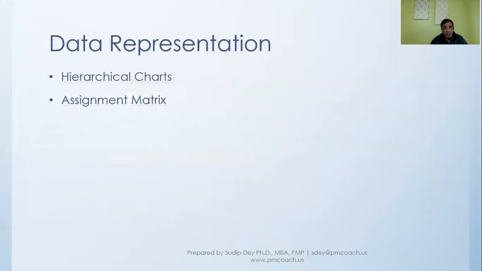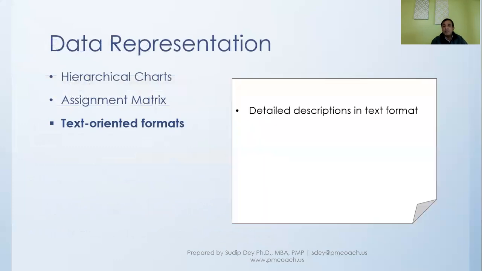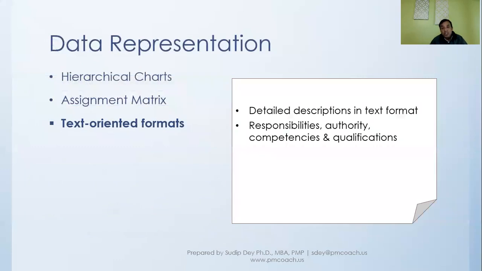Supplementing this hierarchical chart and assignment matrix, there is another format, which is the text-oriented format. Text-oriented formats are really where you put things in descriptive form, detailed descriptions in text format, and maybe you will say this team member has this responsibility, these are the different authorities this member has, this is a competency, a qualification.